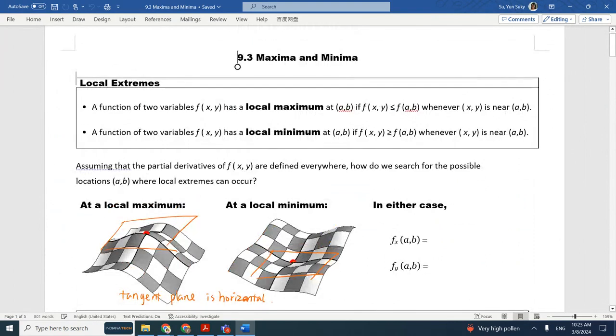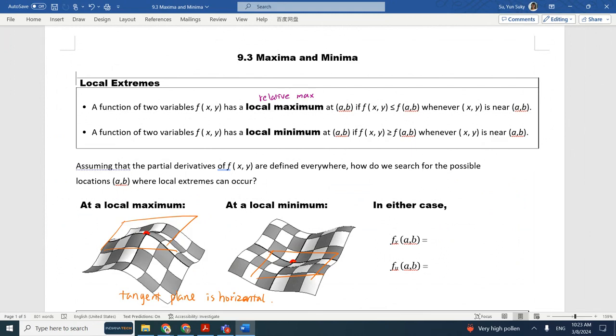So, local extrema. A function of two variables has a local maximum, or you can say a relative maximum, which is just a different name for the same thing, at the point (a, b), if f of (x, y) is less than or equal to f of (a, b) whenever (x, y) is near it. So a local maximum means this point is the highest point among the points near it.